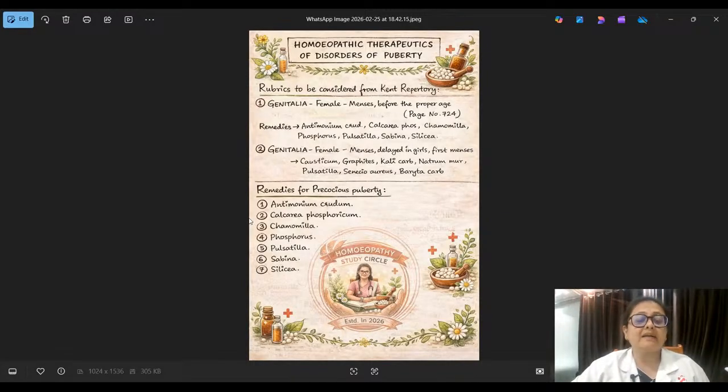Just as when we study anatomy there is applied anatomy, in the same way therapeutics is how you apply materia medica, how you differentiate the drugs, and how you apply materia medica in clinical practice. That is why it is called therapeutics.